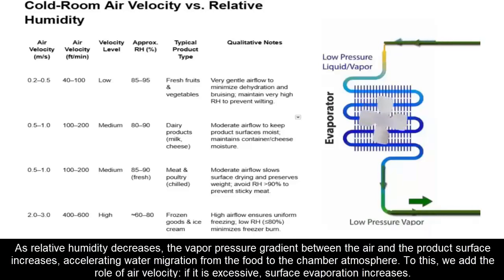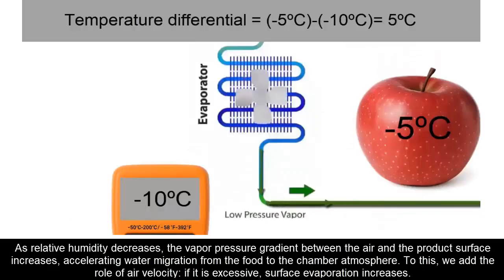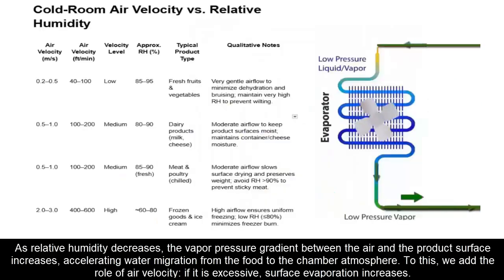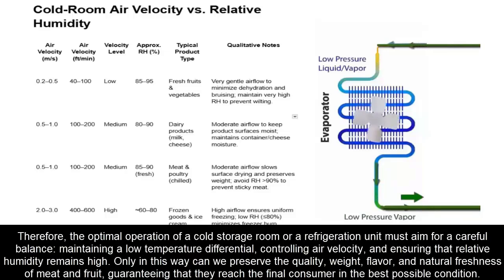As relative humidity decreases, the vapor pressure gradient between the air and the product surface increases, accelerating water migration from the food to the chamber atmosphere. To this, we add the role of air velocity. If it is excessive, surface evaporation increases.